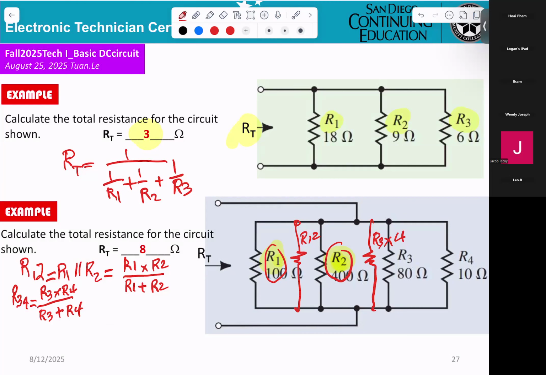And after that, you get R12 and R34 in parallel, and that gives R total. R12 parallel R34. Basically, they will be equal to R12 times R34 divided by R12 plus R34.